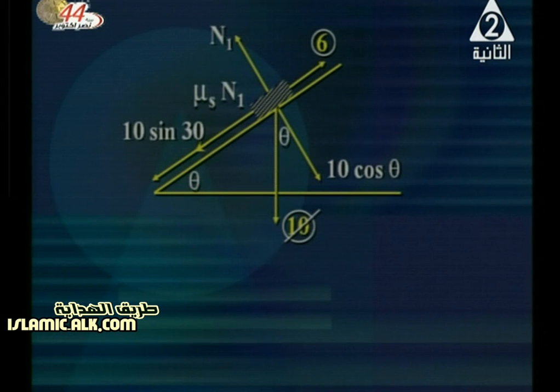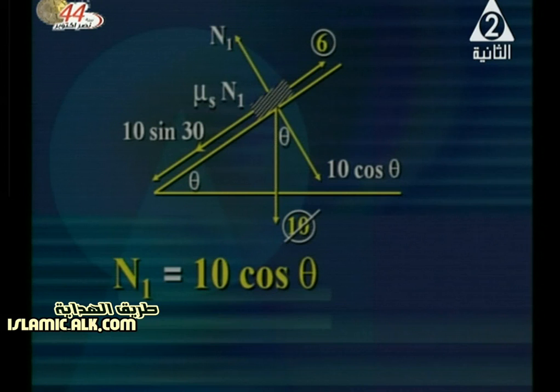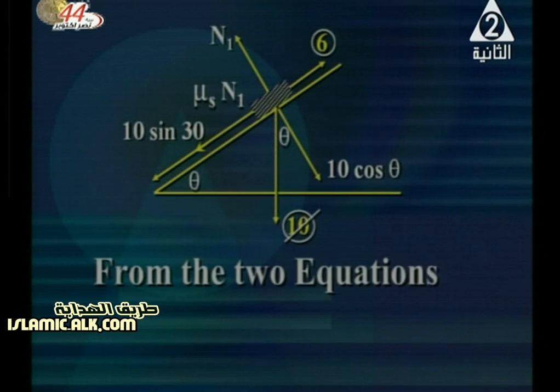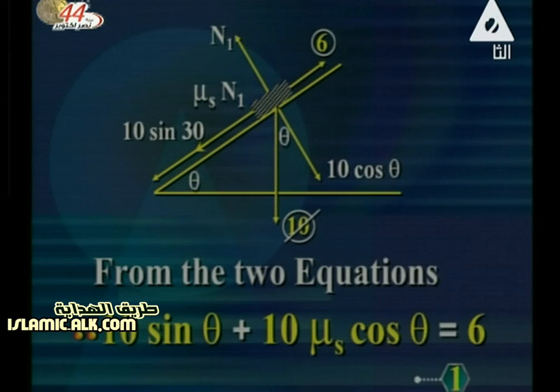By using the equilibrium equations, N1 equals 10 cosine theta, and 6 equals 10 sine theta plus mu s N1. By substitution from the two equations, we find 10 sine theta plus 10 mu s cosine theta equals 6. This is number 1.